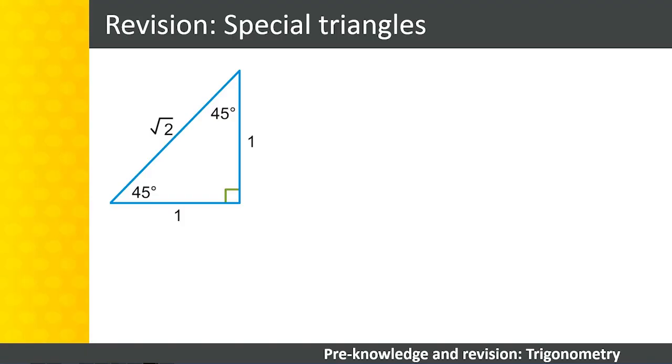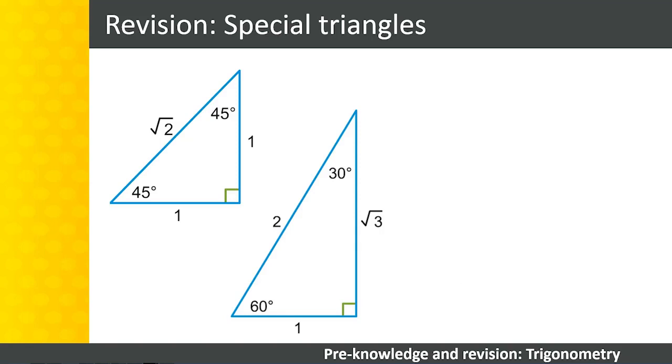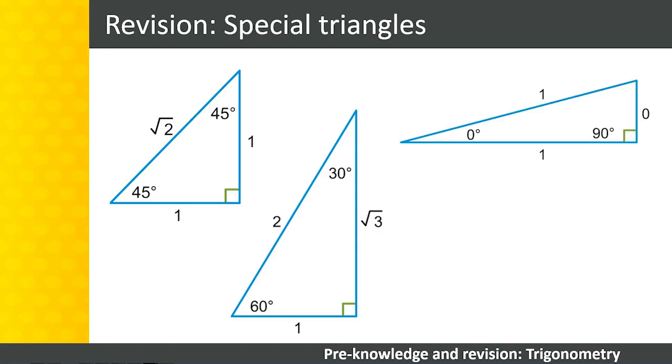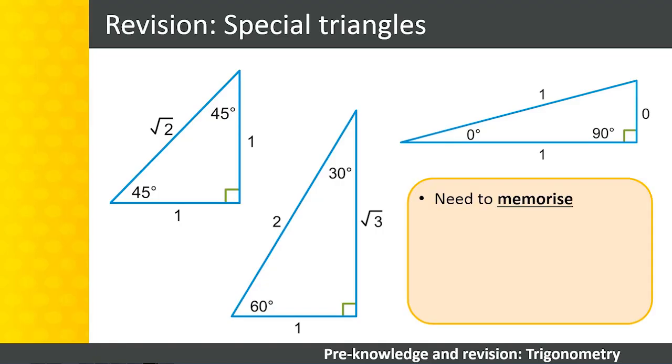Students need to know the special angles as they will be incorporated into this year's work. They should have learned them in Level 3. It is worth noting that the third triangle would actually look more like a straight line than a triangle, but we have made it look like a triangle for illustration purposes. These are not on the formula sheet, so students need to remember how to make quick sketches of them and fill in all the information. In combination with our trigonometric ratios, these triangles come in handy and should be memorized.